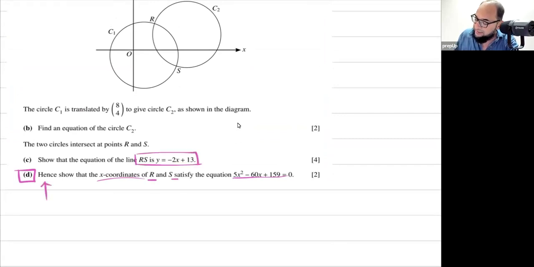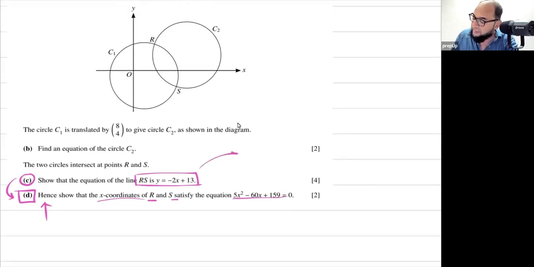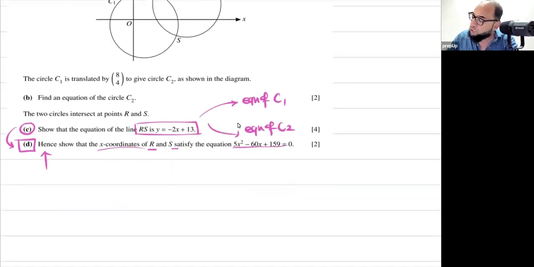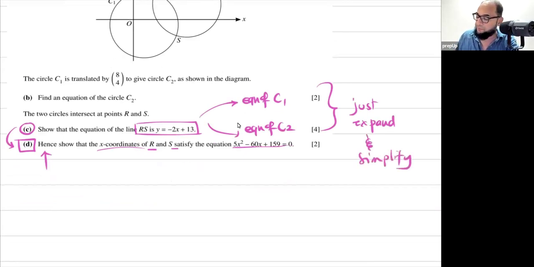It says hence, that means use part C and either solve it simultaneously with the equation of C1 or solve it simultaneously with the equation of C2. And we don't have to solve it, just expand and simplify. When we expand and simplify, we should be getting this equation.